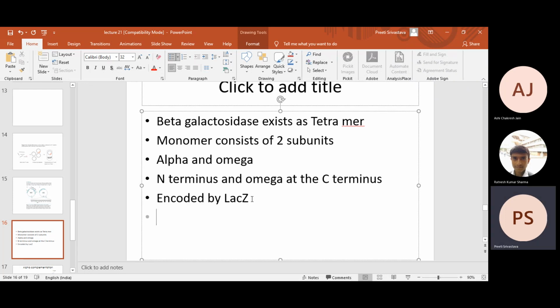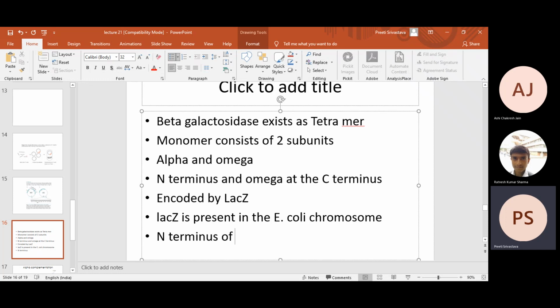This lacZ is present in the E. coli chromosome. What they did was, they removed the N terminus of lacZ from the chromosome.